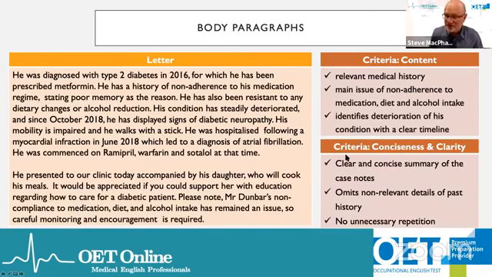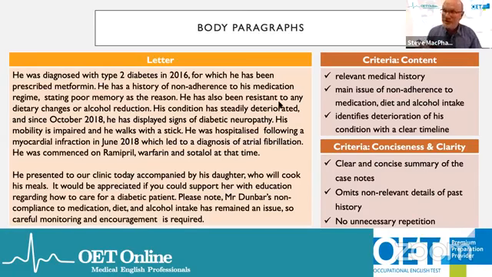There's another criteria called conciseness and clarity. So you can see there's a lot of summarizing here, everyone. You can see a lot of summary sentences where we've just said, we didn't mention his diet, we didn't talk about what he eats. On the case notes, we know he has excessive fat, sugar, salt.